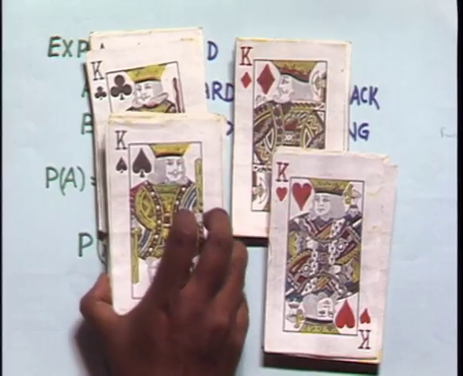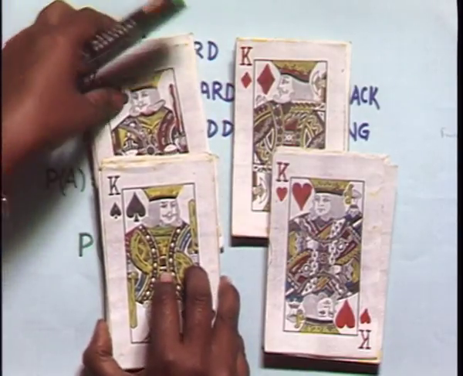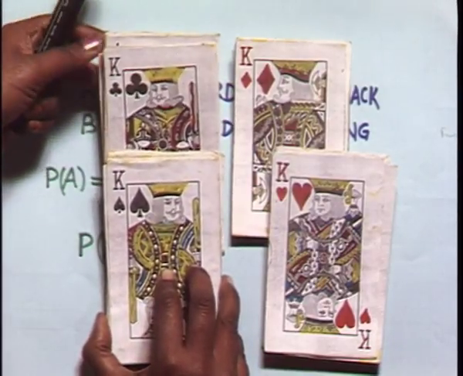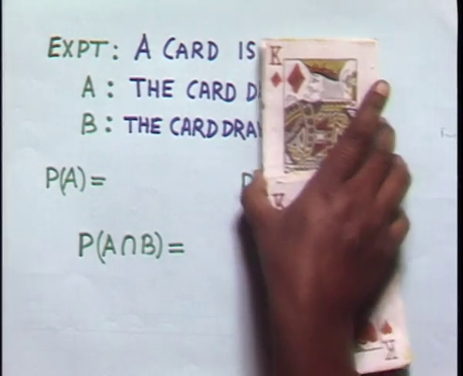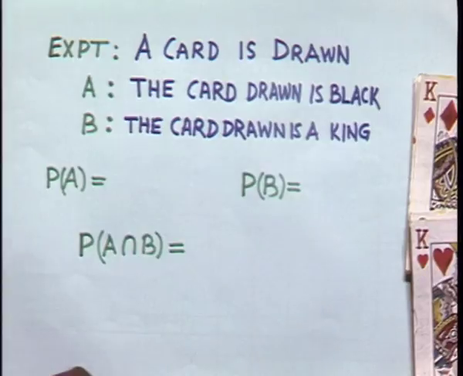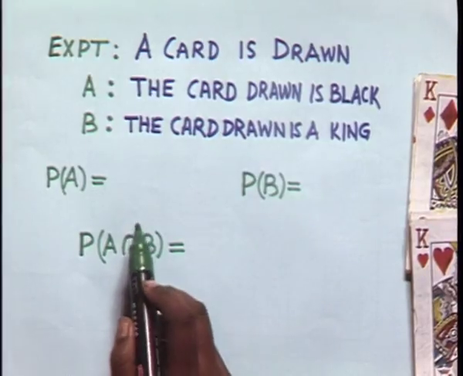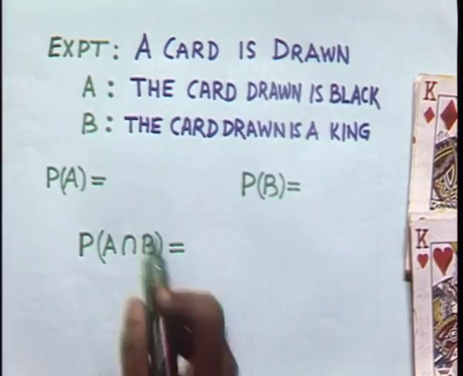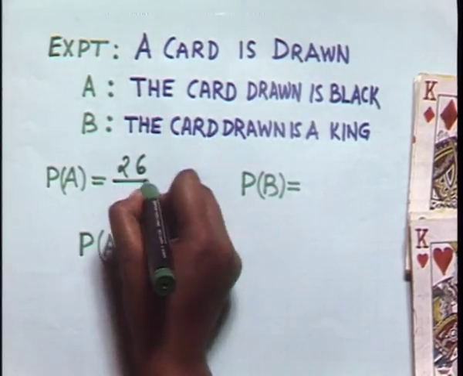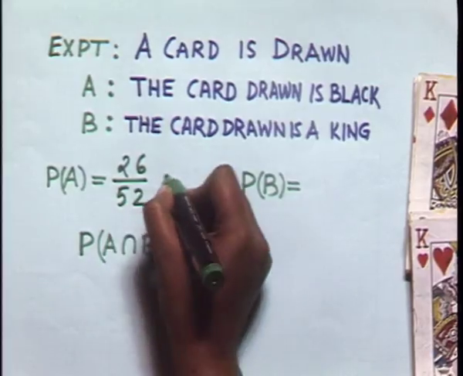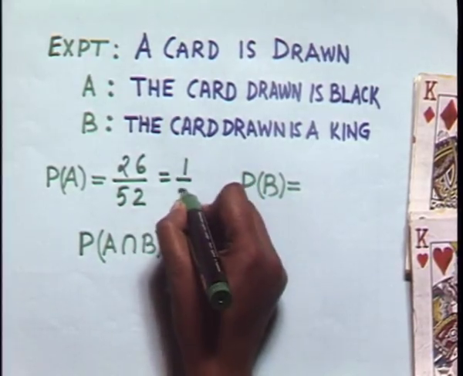Since there are 26 black cards in this pack of cards, event A will have 26 favorable outcomes, and therefore probability of event A will be 26 upon 52, that is equal to 1 upon 2.